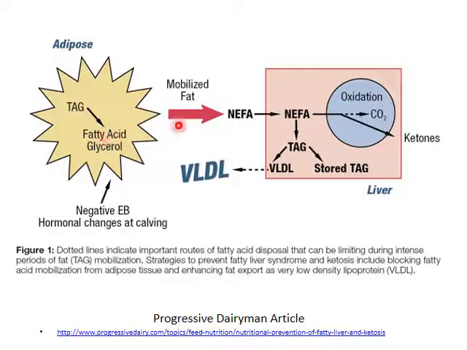Those fatty acids are non-esterified fatty acids, ester linkage. So if it's not linked, that means it's a free fatty acid, or a NEFA is what it's usually called out in the world. During fat prep, we take those fatty acids, we have to break them down into 2 carbon units.